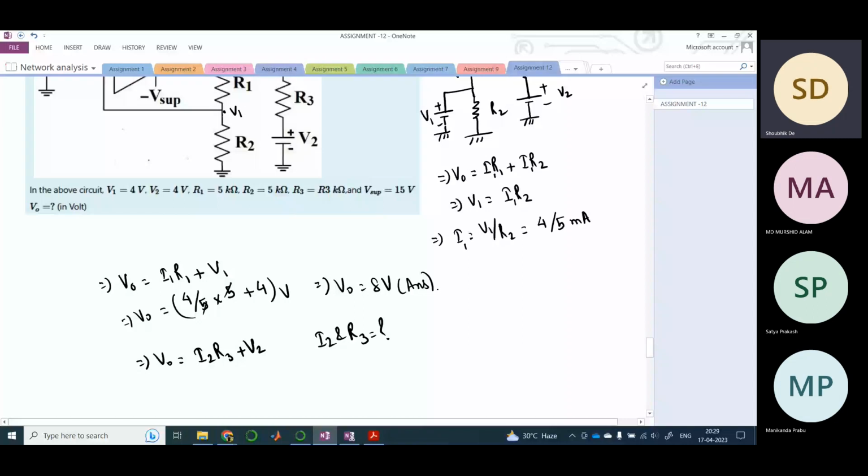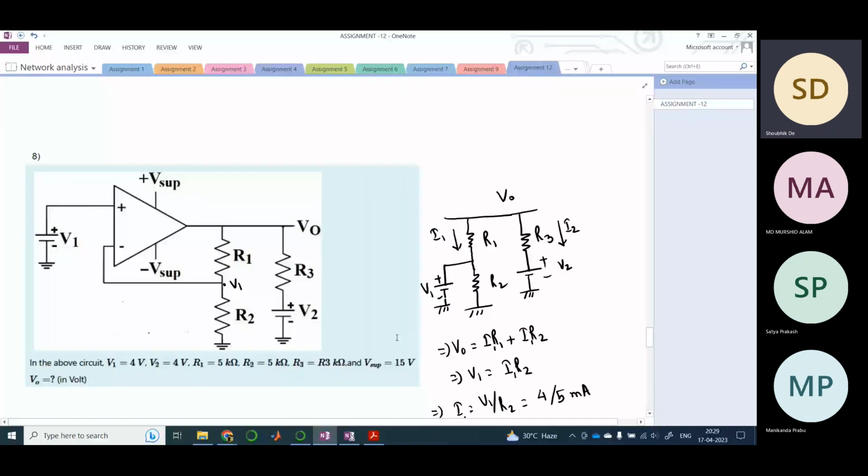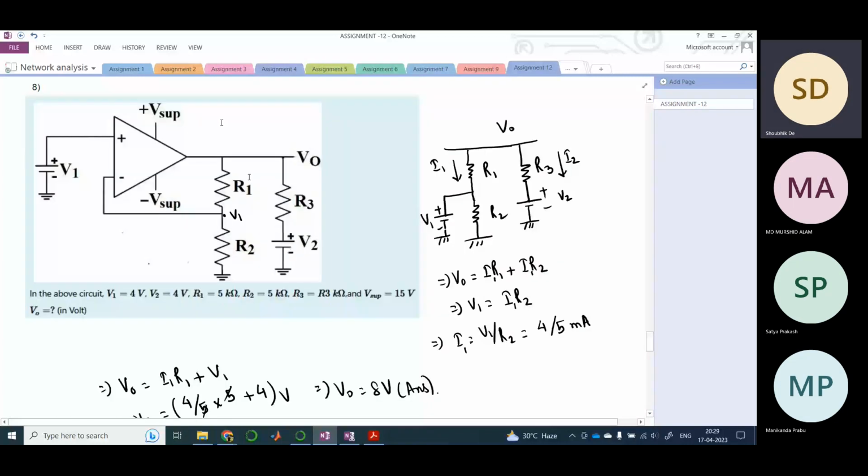Problem numbers 6, 7, 8 are the same. The concept is the same here. It's a unity feedback path up to this point.